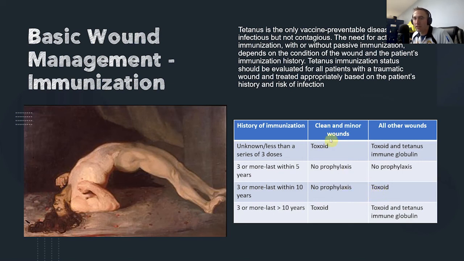But if it's a clean minor wound, in most cases, they're not going to need prophylaxis unless they don't know their immunization history or it's been more than 10 years. So this is useful for you to maybe take a screenshot or take a picture of in case you are treating a patient.